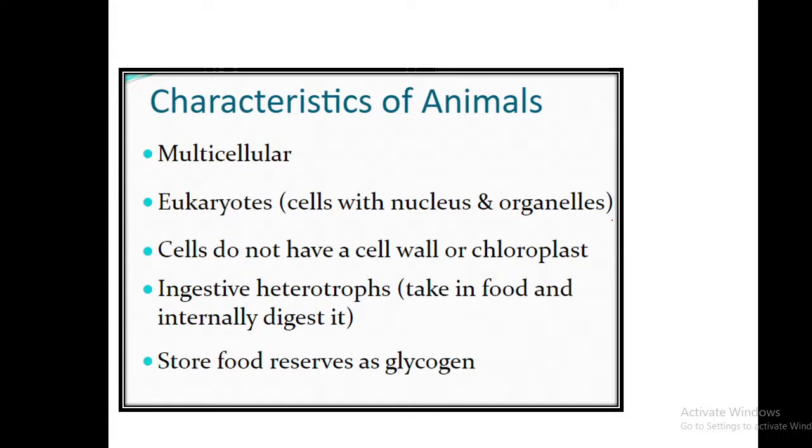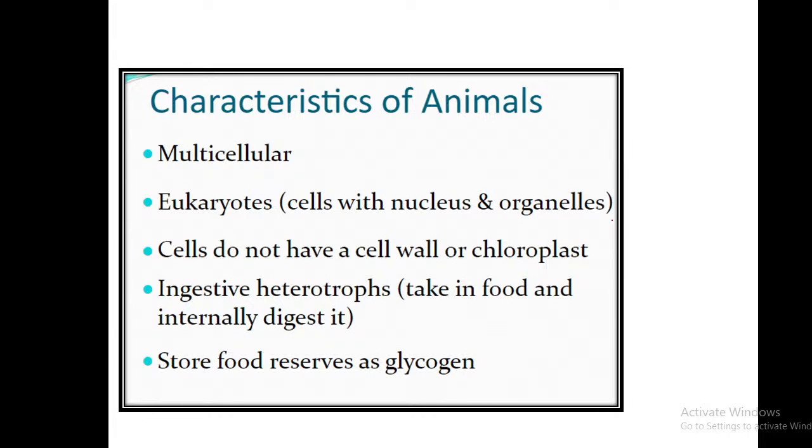Now, coming to the characteristics of animals, because we are dealing with the subject zoology, we will be looking into the characteristics of animals. Animals are usually multicellular organisms, and the cells should be eukaryotic.